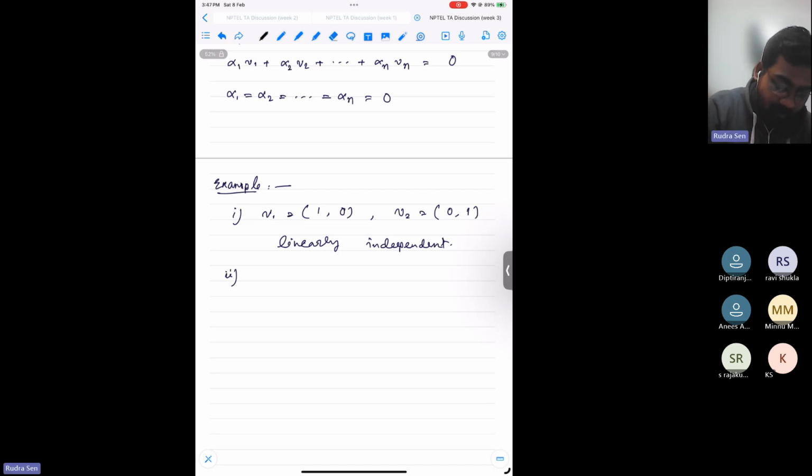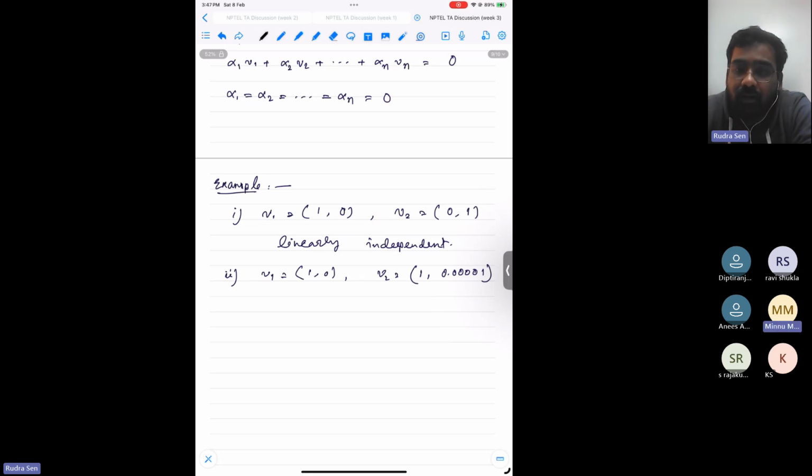The second, if I choose v1 equals, let's say, again (1, 0), and v2 equals (1, 0.00001). Are v1 and v2 linearly independent or dependent in that case?